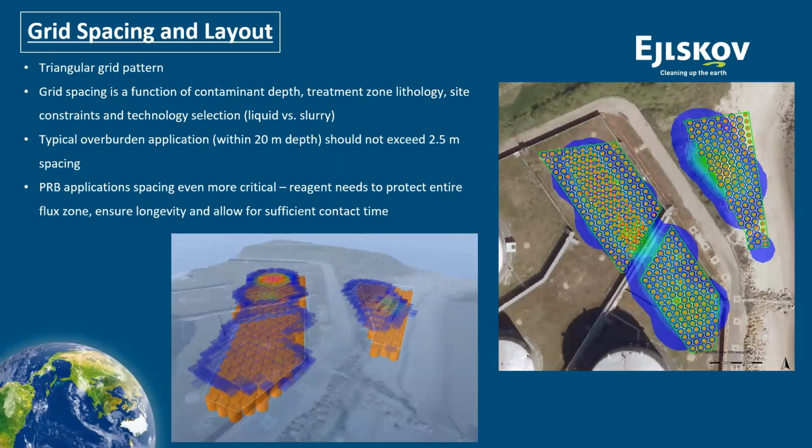And what I've seen is that you just have these very large spacings, and they're not realistic. Because, as you imagine, as your injection point spacing increases, the amount of volume you have to inject increases, obviously.